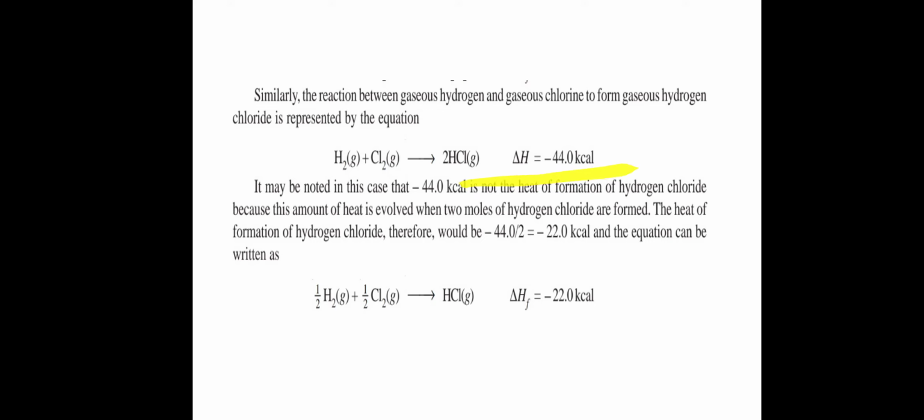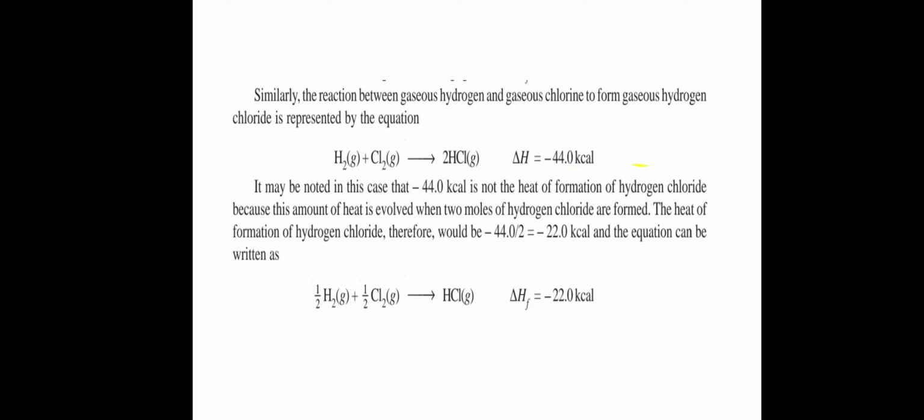Now see why it is only delta H. Delta H is a heat of reaction, it is not a heat of formation. Whenever there is a formation of only 1 mole, then there is a delta HF. Now if we want to determine delta HF for this reaction, we have to divide by 2.